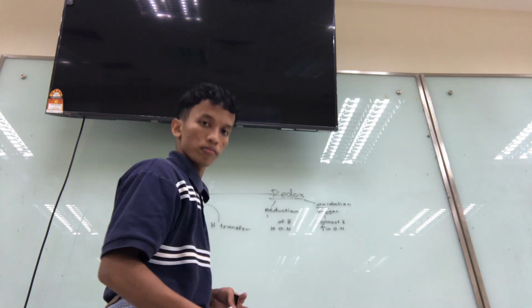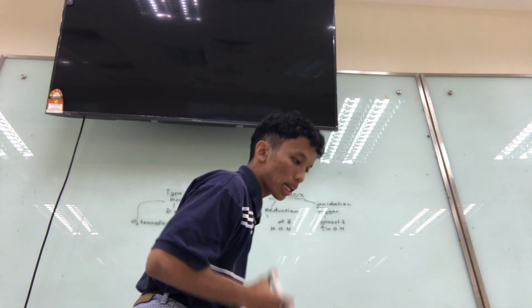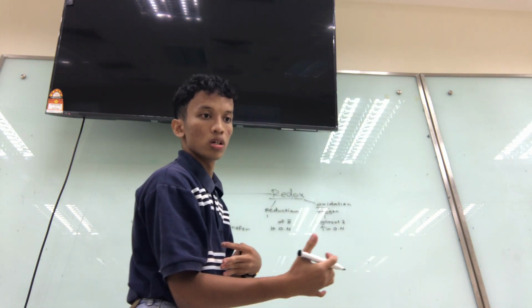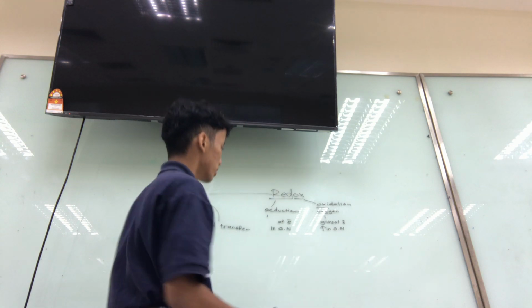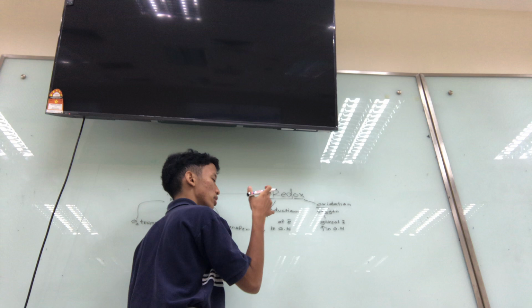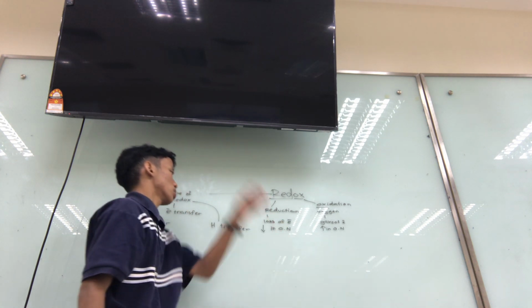Meanwhile, for reduction, when a reactant loses electron and decreases the oxidation number, we're going to do a reduction reaction. Loss of electron and decrease in oxidation number.